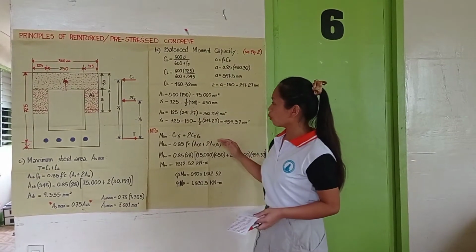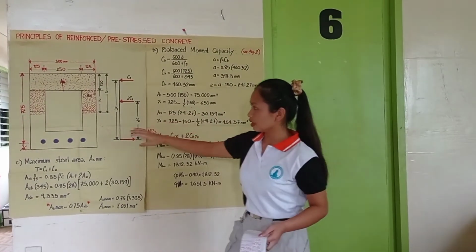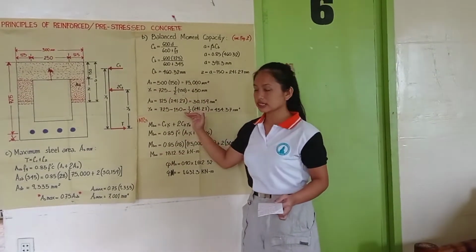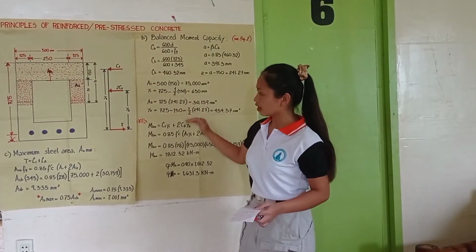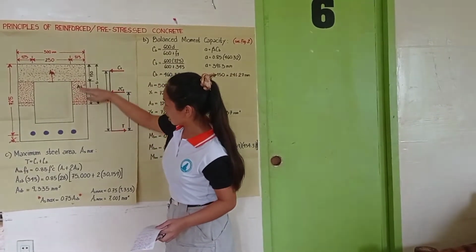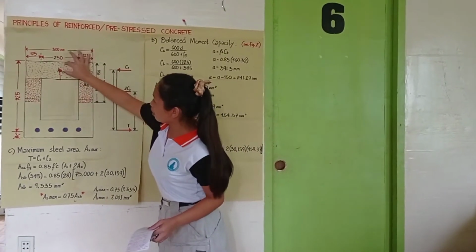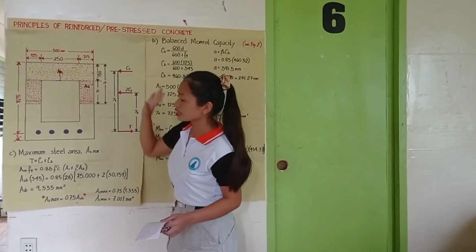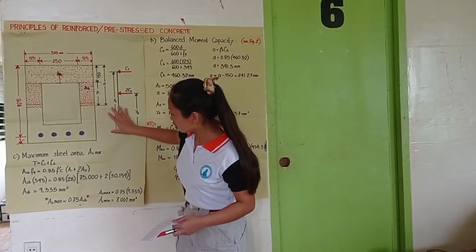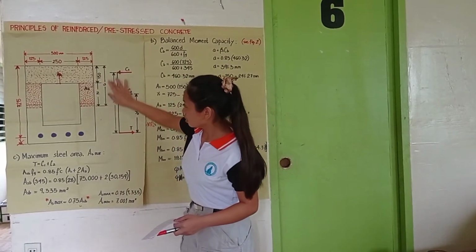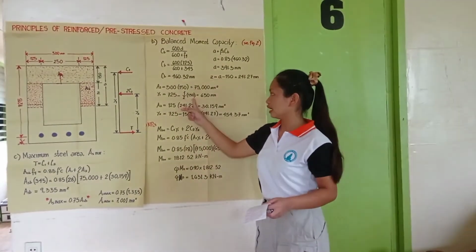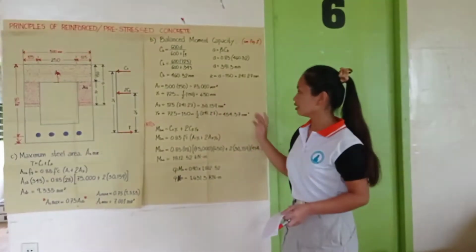Our Y1 is equal to 725, this full length of our beam, minus 1/2 of 150, because our length for Y1 that is being solved is from here up to the center. So that is 725 minus 1/2 of 150, and that is 650 millimeters.